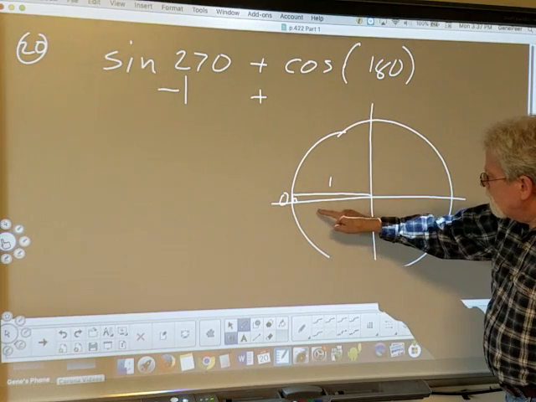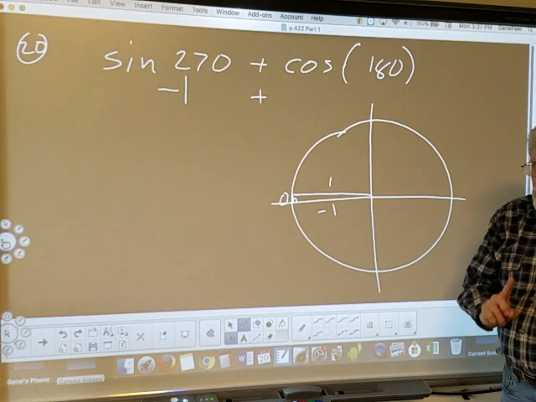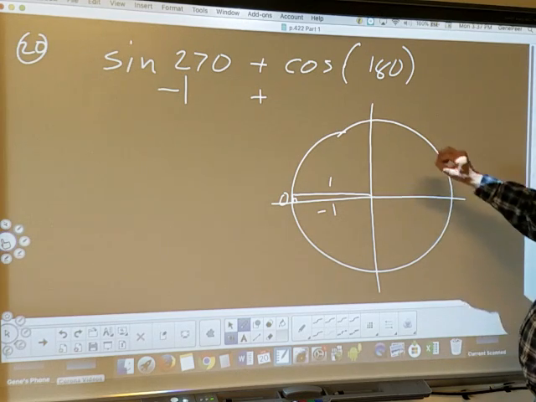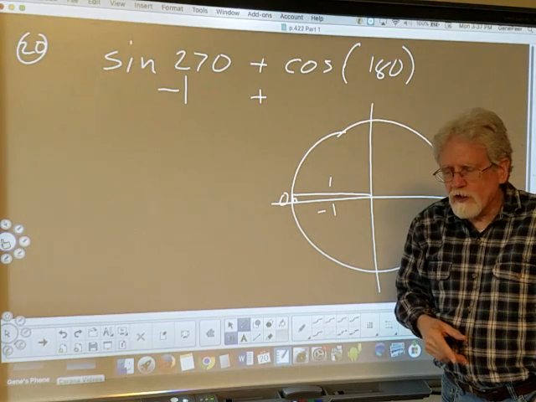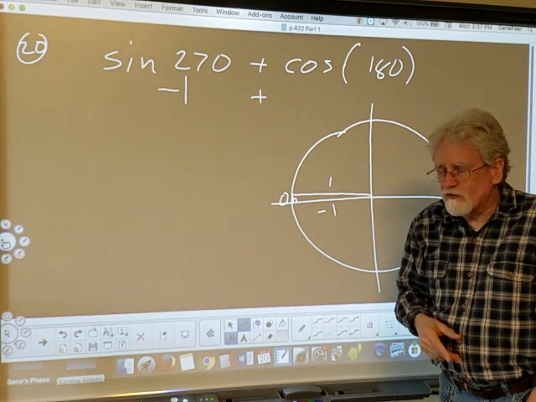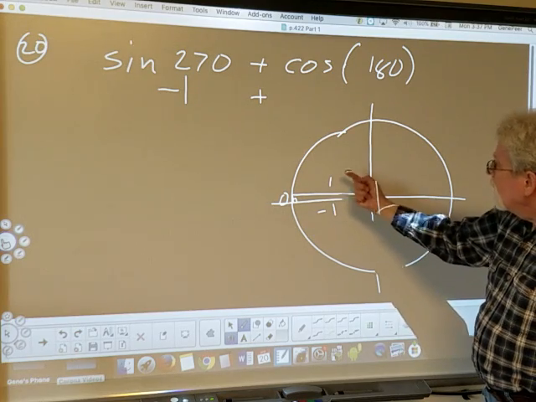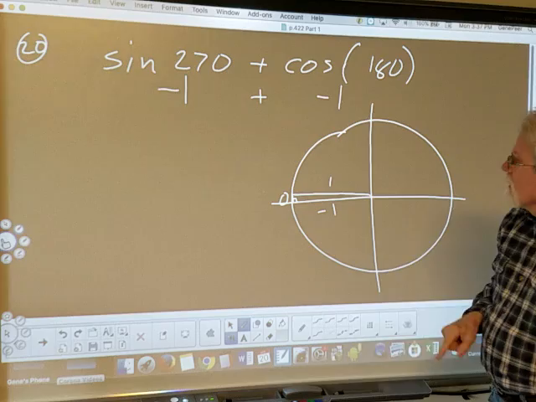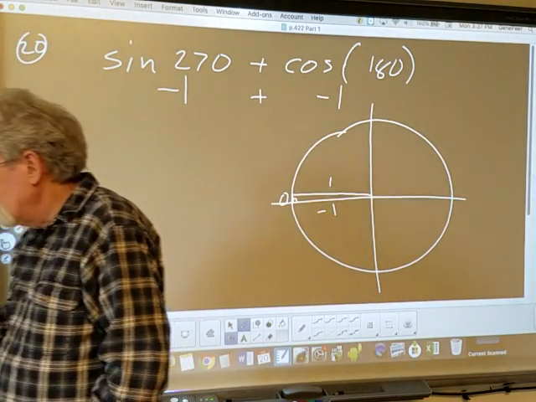The adjacent side is -1. Remember, the hypotenuse is always +1. So, cosine. CAH. So we want adjacent over hypotenuse, that's -1. So we have -1 plus -1, we have a result of -2.